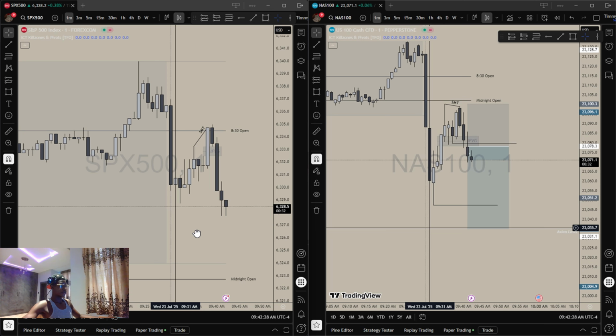At this point, I am either holding this trade, but keeping in mind that I might lose it because it's already creating a bullish SMT. So what was going on in my head was, if I lose this trade, would I be happy about it? And the answer was no. Why? Because you clearly see the bullish SMT.